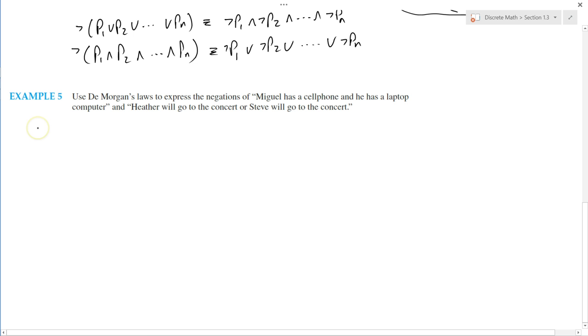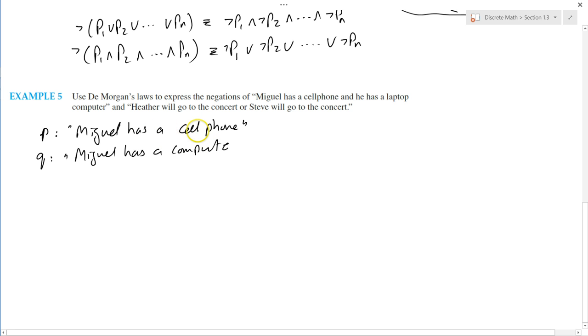So we can say that let P be the statement Miguel has a cell phone, and Q would be the statement Miguel has a computer. Now, in order to apply the De Morgan Law, let's first of all rewrite this whole statement.